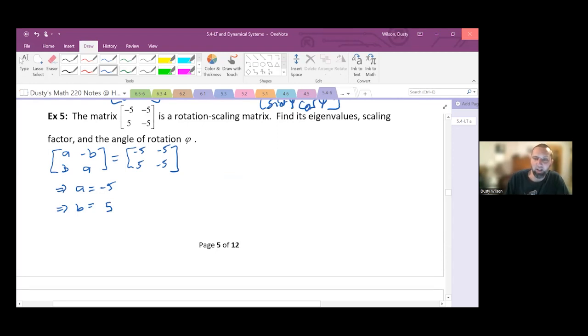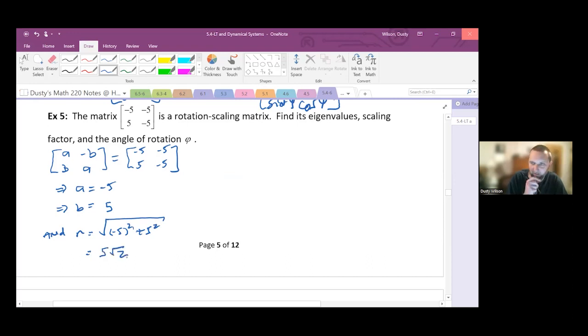Furthermore, we're going to get that our r, our scaling factor, would be the square root of a squared plus b squared, or the square root of (-5) squared plus 5 squared, which is the square root of 50, or 5 root 2.